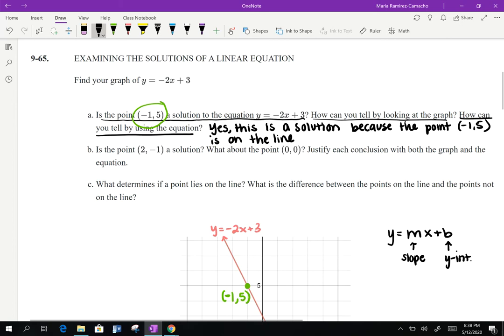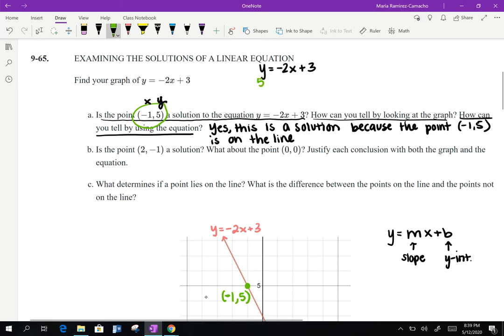So how can you use y equals negative 2x plus 3 to figure out if negative 1, 5 is a solution? Well, here they're giving you an xy coordinate, and so why don't we plug in negative 1 for x and 5 for y to see if this makes the equation true. And if it does make the equation true, then we know that it is a solution.